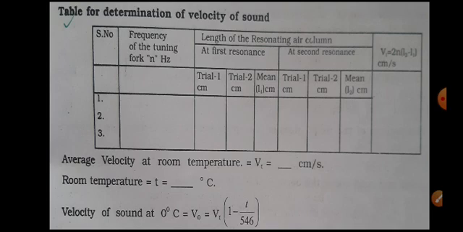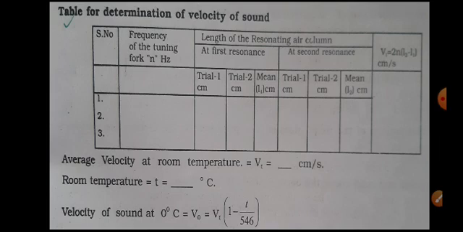Taking the average of these, you can find out the velocity of sound at 0 degree temperature. This is the procedure you have to follow to get L1 and L2, the two lengths.